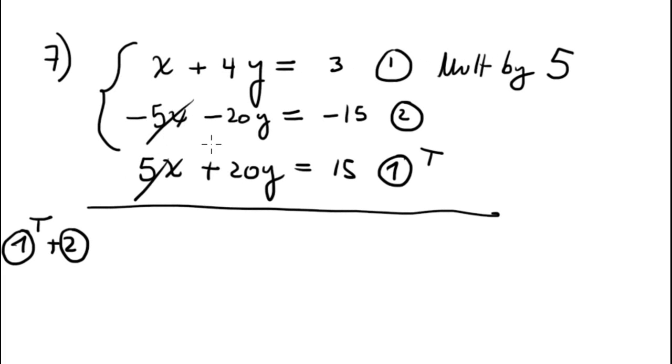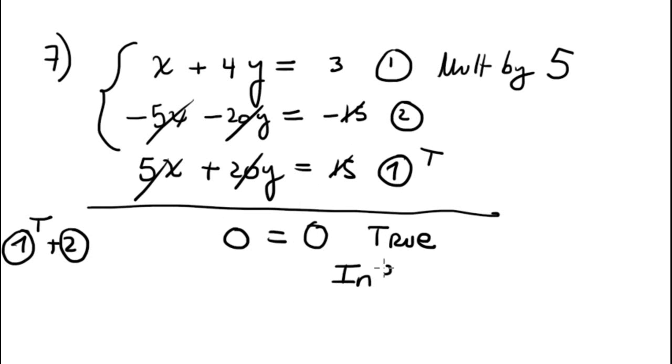This and this cancel, this and this cancel, that's 0 on the left hand side. The right hand side also cancels, it's 0. It's true, no contradiction, but that means we have infinitely many solutions.